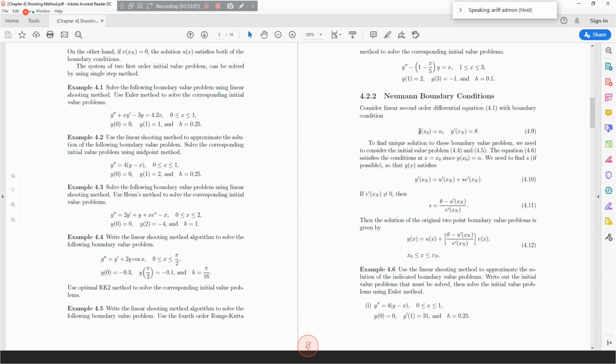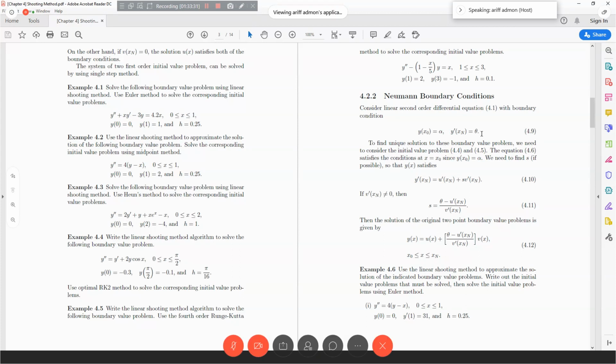And we can even get y prime x naught and just y x n. For this particular example, we just focus initially on this type of Neumann boundary condition, which is y x naught without prime and y prime x n with prime. How about the other two? That one later.